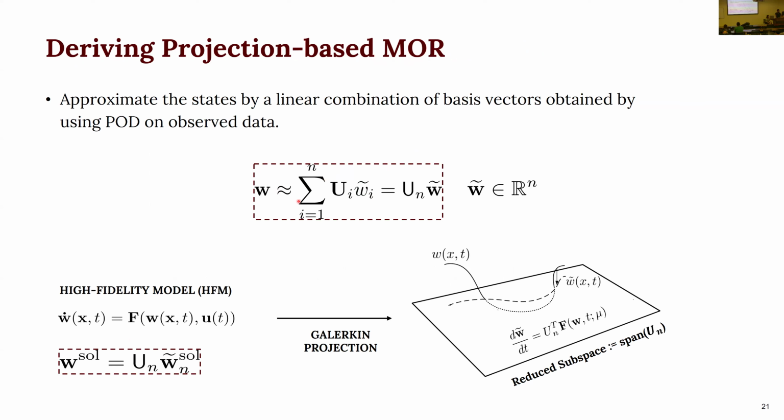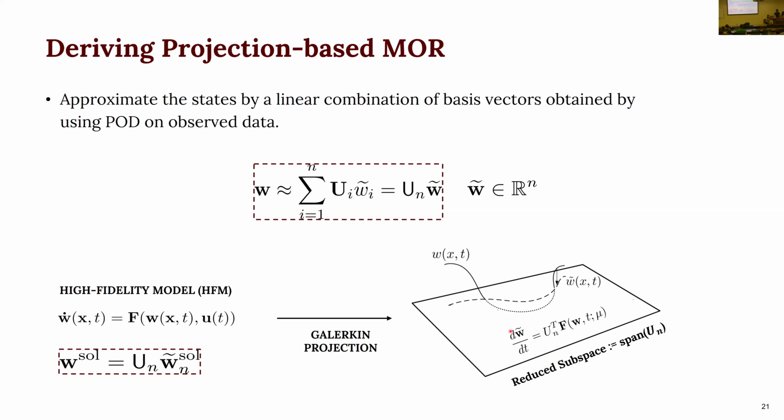So we write W as UN multiplied with W tilde. Now W tilde are the coefficients that we actually intend to find. So we substitute this expression in our high fidelity model, and by Galerkin projection, we obtain this reduced order model.